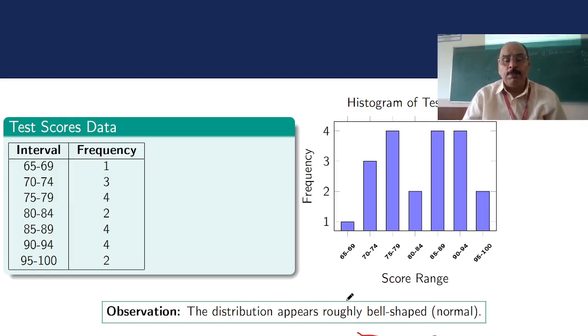The distribution appears roughly bell-shaped, like a normal distribution. Yesterday while discussing, I told you about the importance of the Gaussian, right? The bell-shaped ones. Usually you have histograms also coming up in this kind of bell shape, with a kind of symmetry. This side is equal to this side.